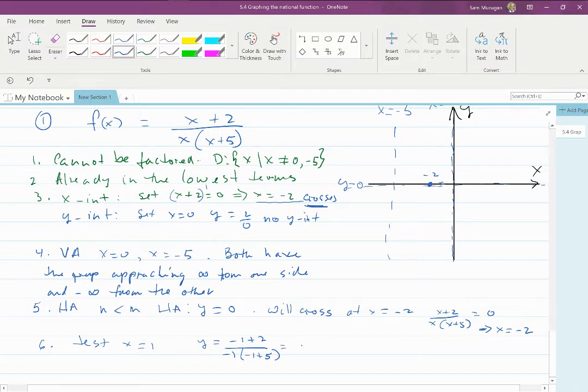And that gives us +1 over -4. That means that when x is equal to -1, the y value is a negative value. So that part of the graph has to be here. So it means that this part of the graph, when x is equal to -1, has to come down this way.